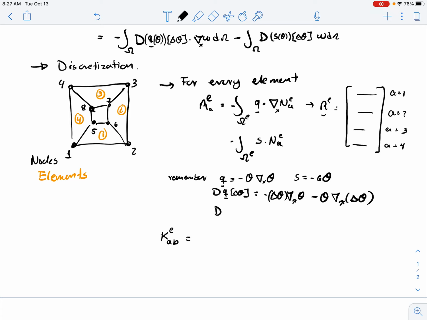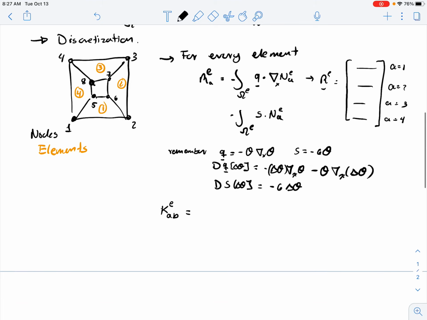So that will be the linearization of Q, and the linearization of S in the direction of the increment is just minus 6 increment. So those will be the linearizations. And then similar to the W, once you plug in the discrete increment, so again, nodal values times shape functions, you take the nodal values out, and the only thing that survives is the shape function.